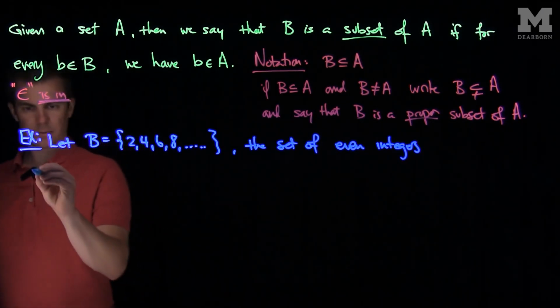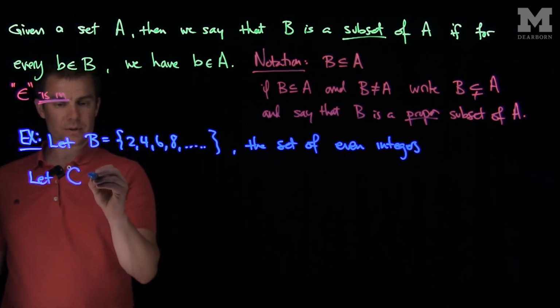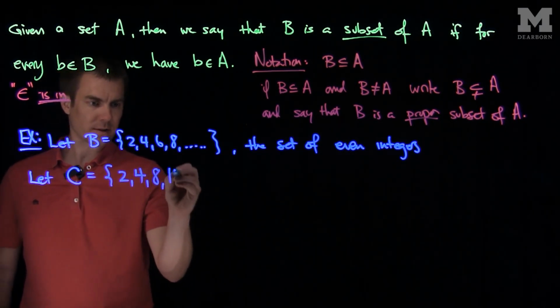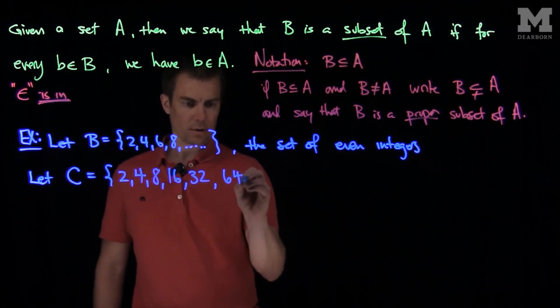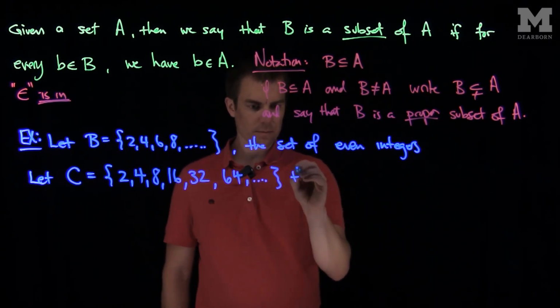And let me let C be the powers of 2. So we'll have 2, 4, 8, 16, 32, 64, the set of powers of 2.